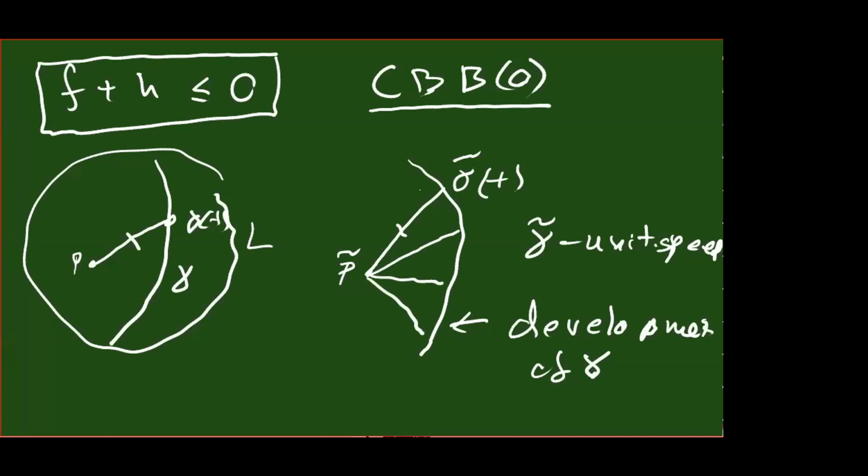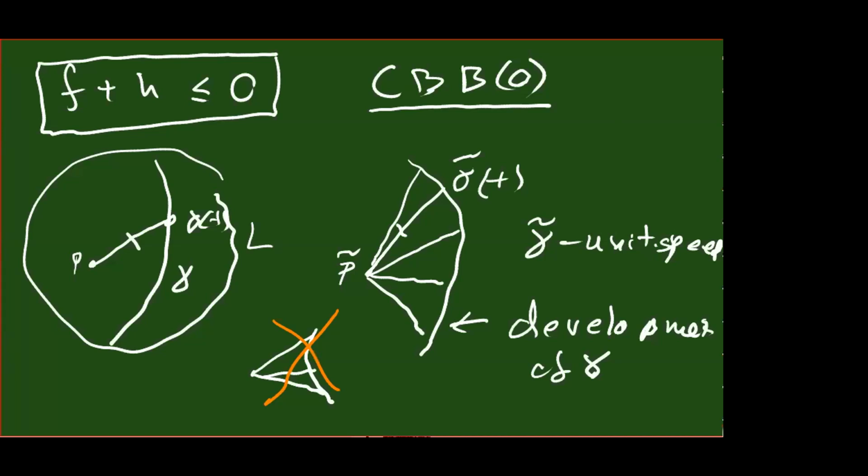So it looks like in the picture, and it cannot look like this. This is forbidden. Again, this is an if and only if condition: the space is CBB 0 if and only if every geodesic has locally convex development.